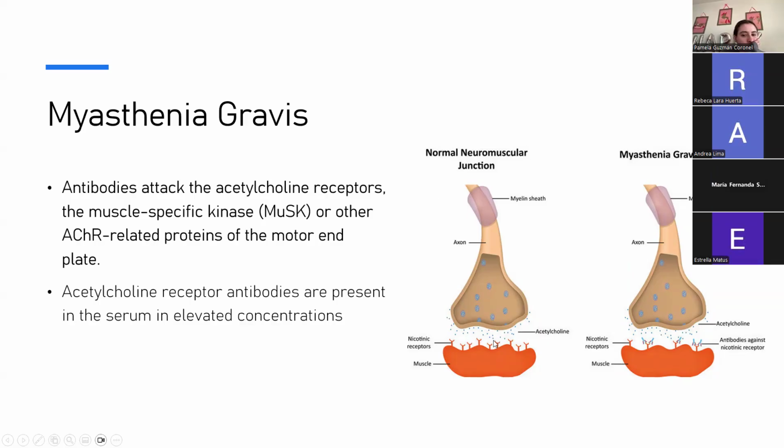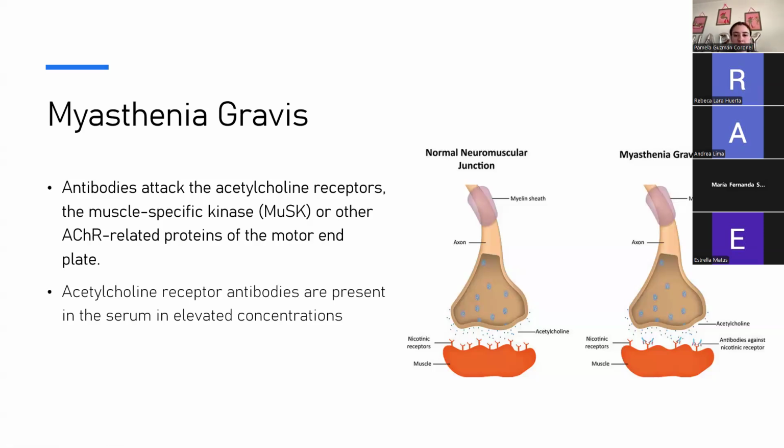We have the acetylcholine being released. It binds to the nicotinic receptors in the muscle and then generates a contraction. So in myasthenia gravis, the antibodies attack the acetylcholine receptors, or the nicotinic receptors, the muscle-specific kinase, or related proteins of the end plate.